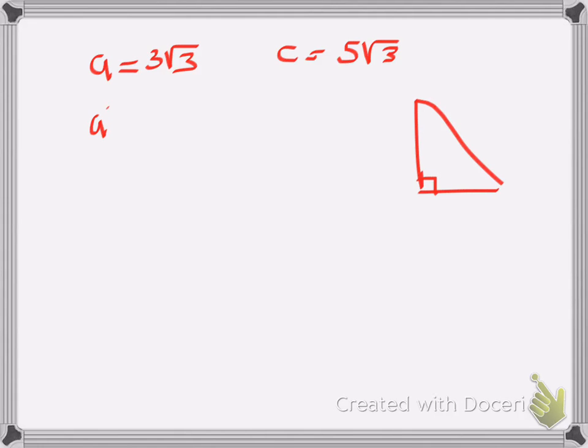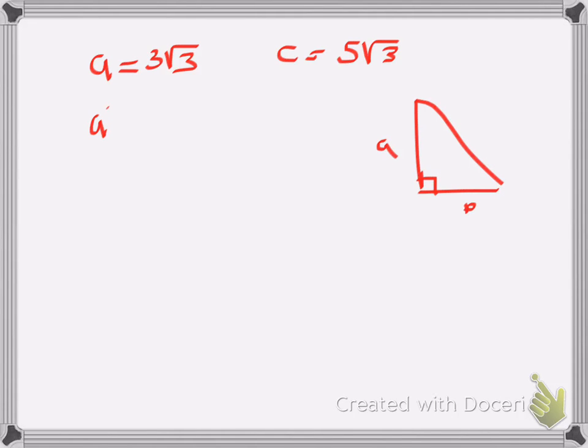they give you A is equal to 3 radical 3, and C is equal to 5 radical 3. They said, find the length of the side that's not given for a right triangle with hypotenuse C and legs A and B. So I'm using my Pythagorean theorem.